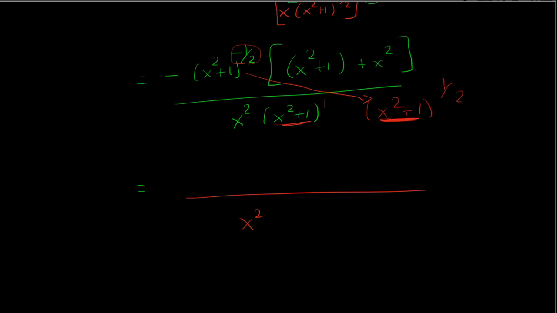So that'll just be x squared plus 1 to the 3/2 power. And have the x squared in front. So this thing is gone. We moved it. We have the negative still. And we're going to add x squared plus x squared is 2x squared. And then we're going to have 1. And that is our final answer.